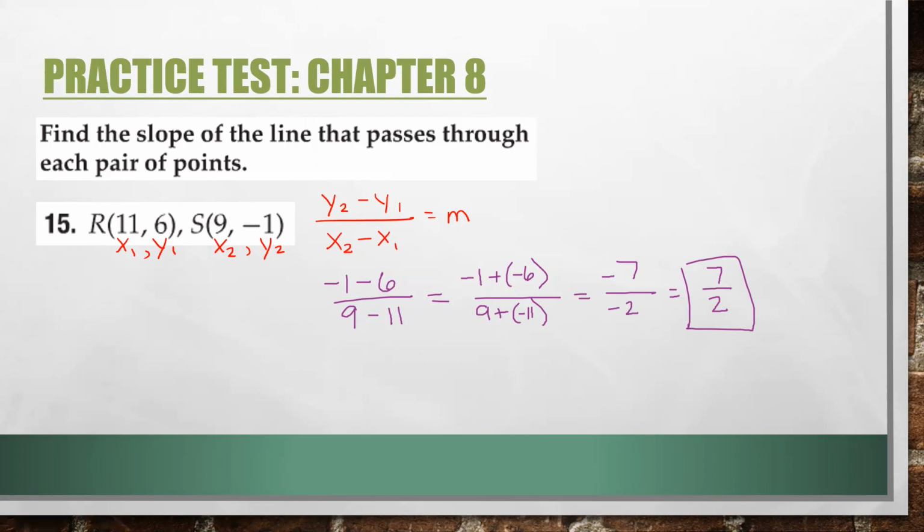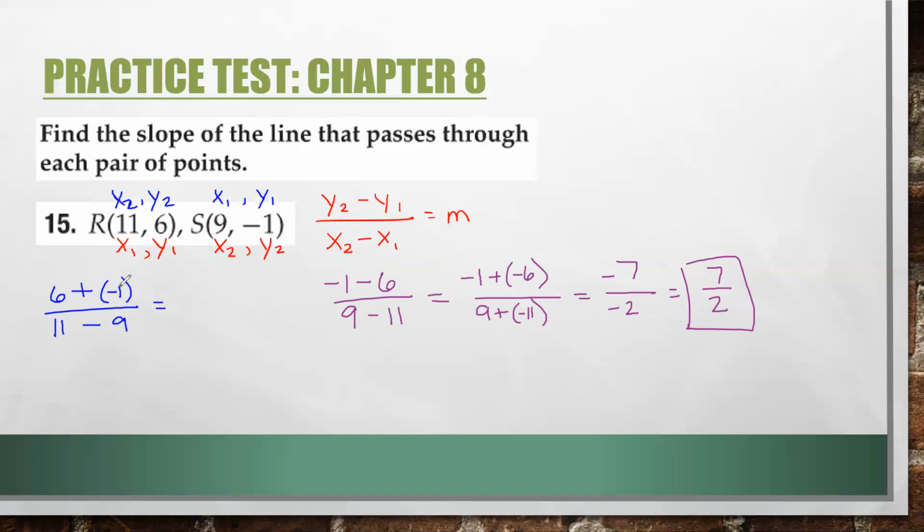Okay, I just want to show you real quick, if you said this was x2 and y2, and this was x1 and y1, and you plug this in, you should be getting the same answer, okay? So let's say we had 6 as y2 minus y1 over x2 minus x1, okay?